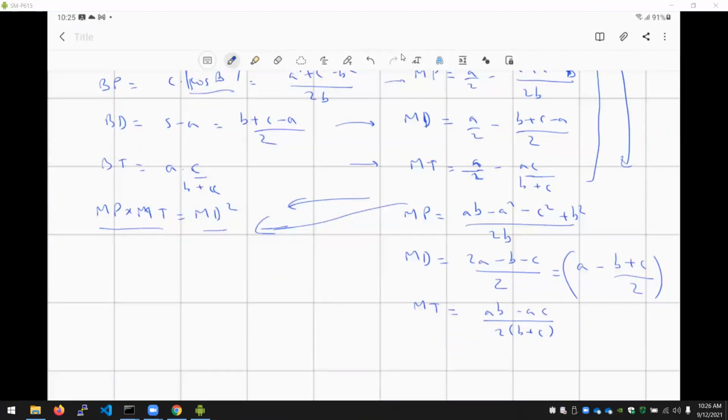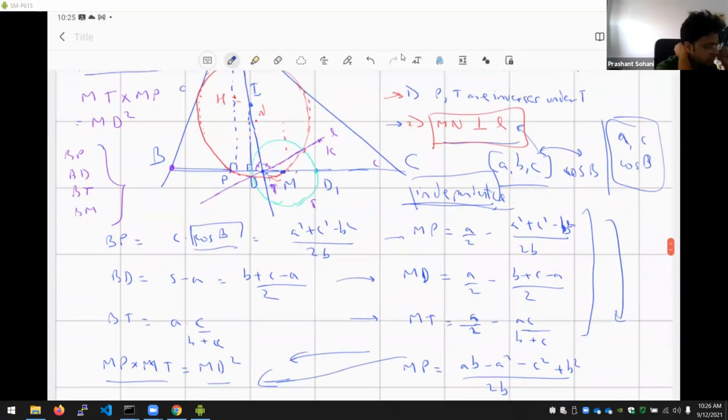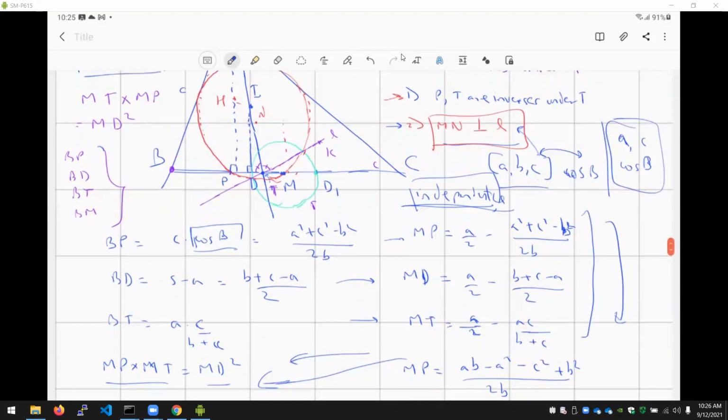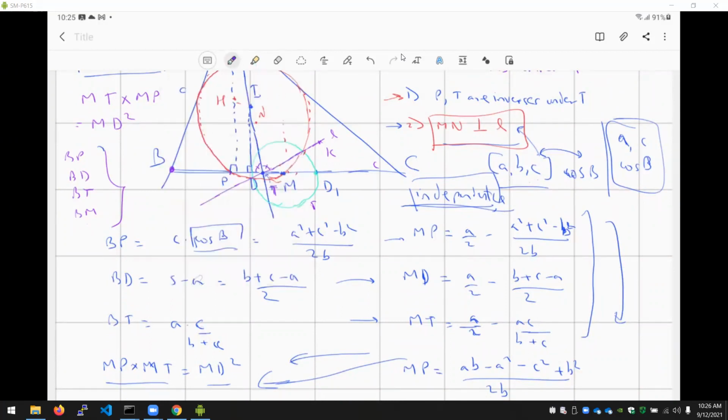Sir, I think BD should be S minus B. Oh yes, you are correct. Yes, sir. So MD we should get B cancelled, minus B by 2. Okay, so BD, yeah, I made a mistake. BD should be S minus B. Sir, also where you have taken cos B, the denominator should be AC, so shouldn't it be AC?